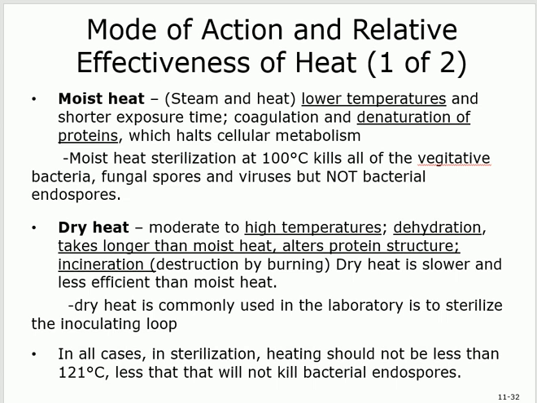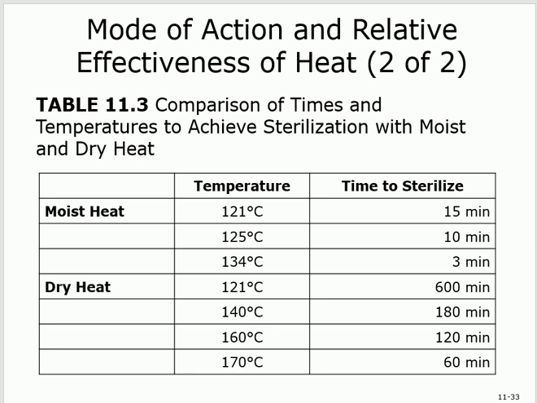But in all cases, if you wanted to sterilize, what's your magic number? Above 120. So this is a comparison, and what I want you to know from this comparison is not really the numbers. The one number that you have to remember is the magic number, above 120. Is that clear?